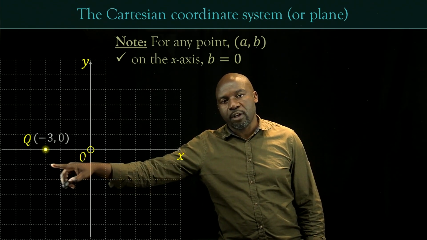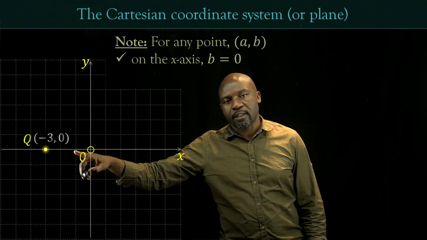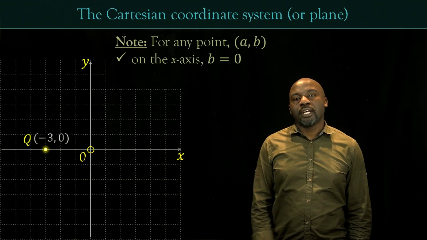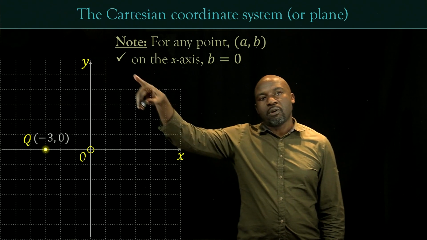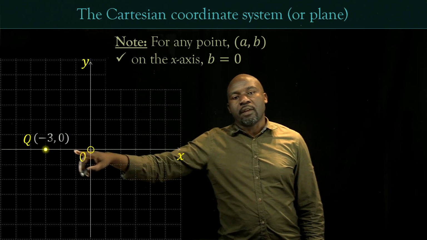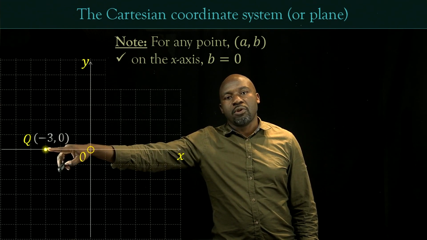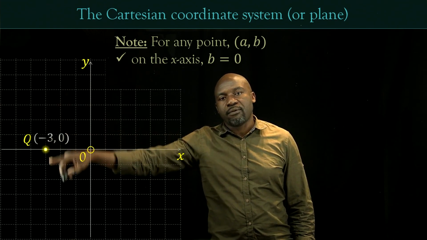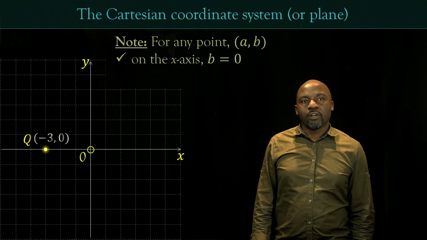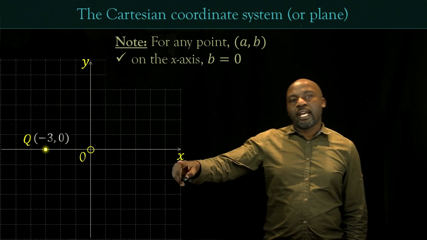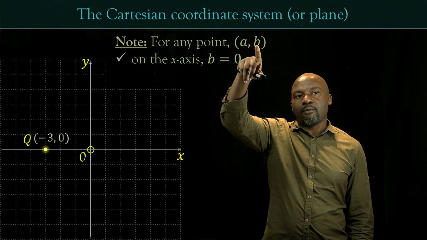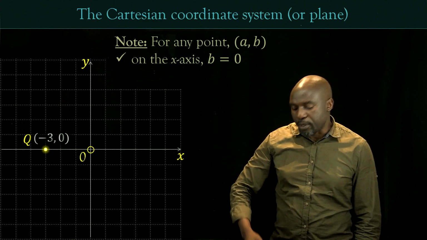Each square grid represents 1 unit, so that is 1, 2, 3, and we are on the negative side, so that is -3. And because the y-coordinate is 0, or in other words, point Q has not gone anywhere above or below the x-axis, the y-coordinate there is going to be 0. So anywhere on the x-axis, the value of y, or that B there, is always equal to 0.